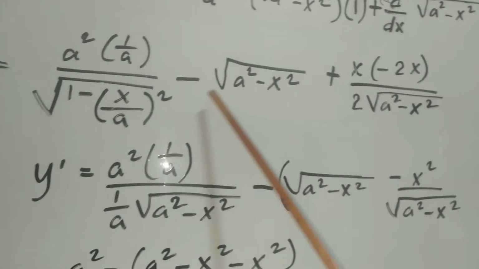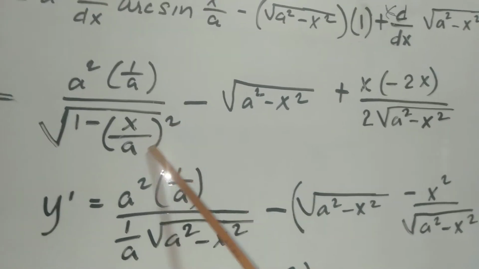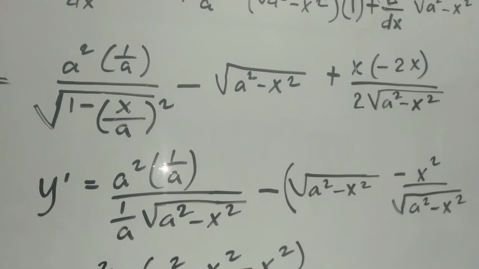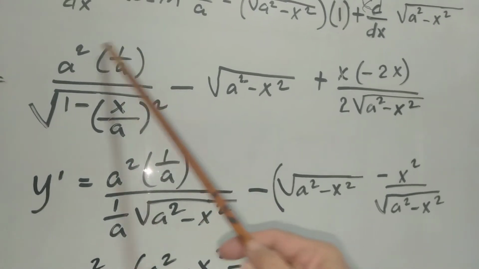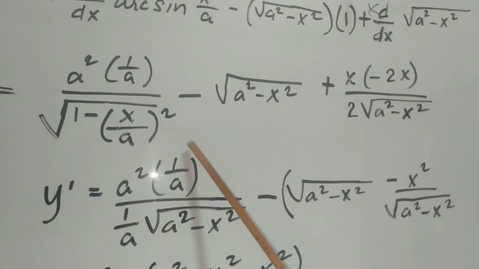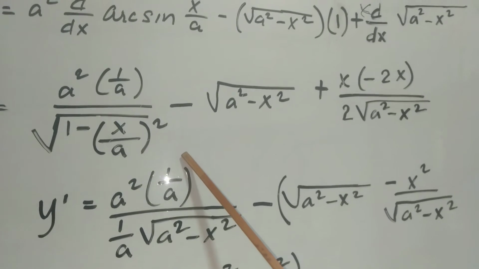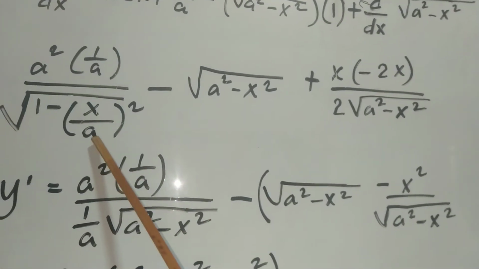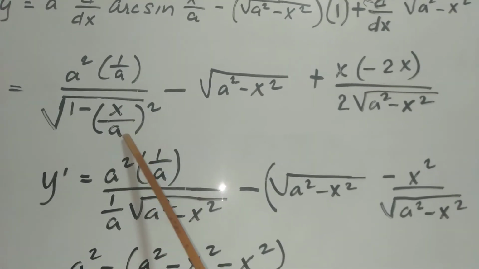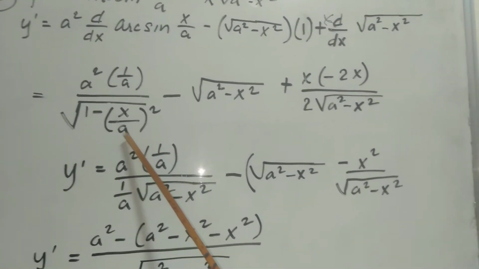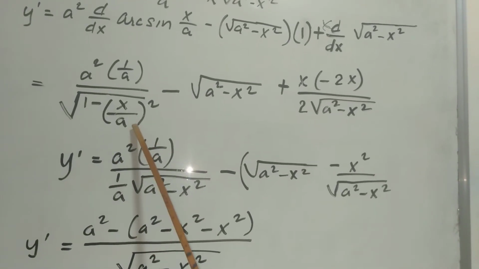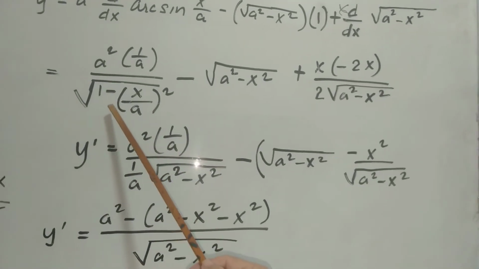So we have two terms here: this is one, and this is the other term. We simplify first this term here. This one is 1 over a, and this a here becomes 1 over a squared minus x squared over a squared, and then we can factor this one out and get the square root of that.